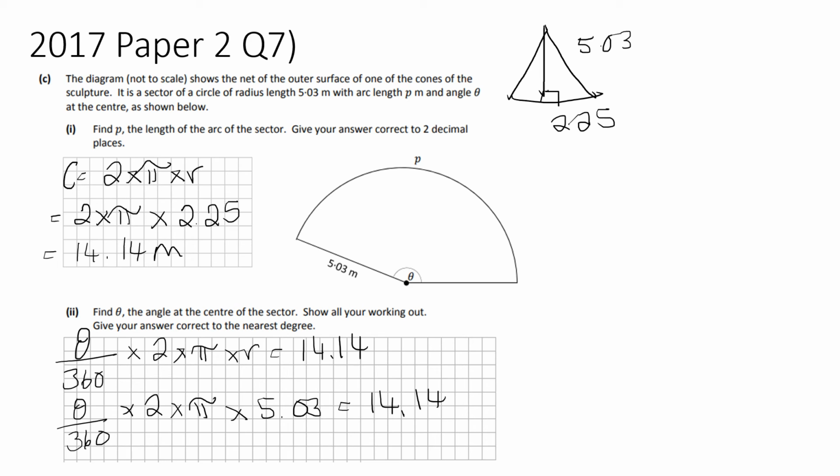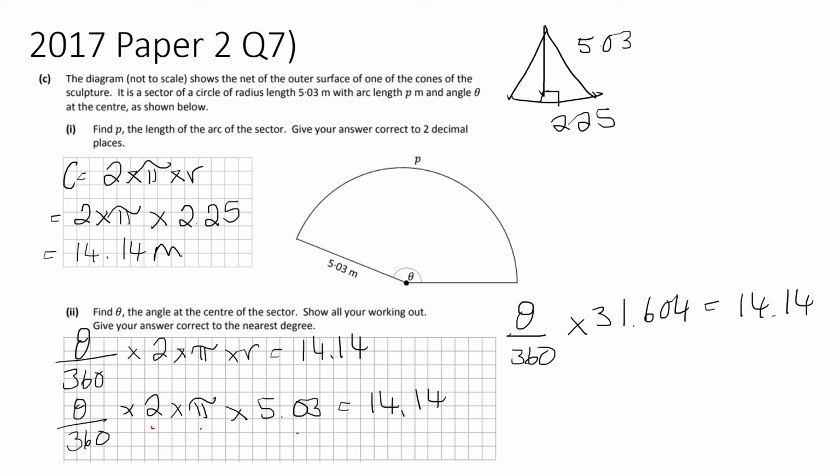What we can simplify so far is we still don't know what the angle over 360 is. We can put into our calculators 2 by pi by 5.03, and when we do that, we get an answer of 31.604, and that's equal to 14.14 still.